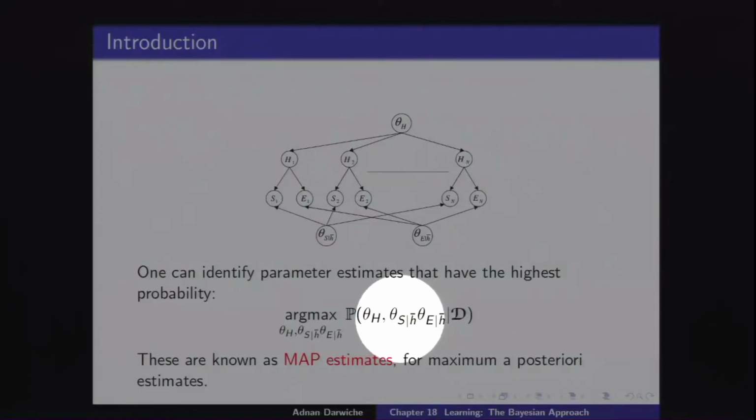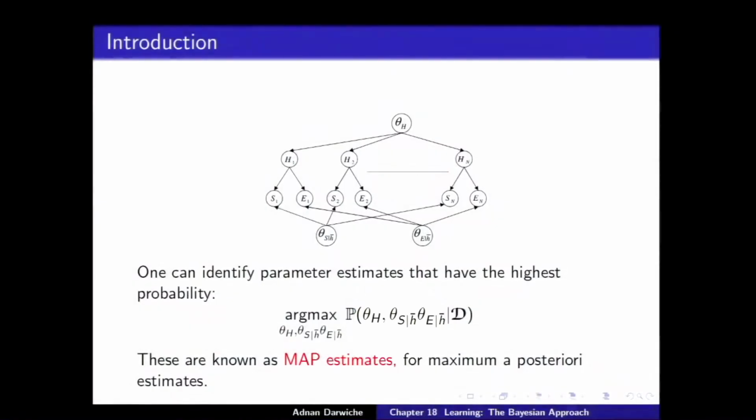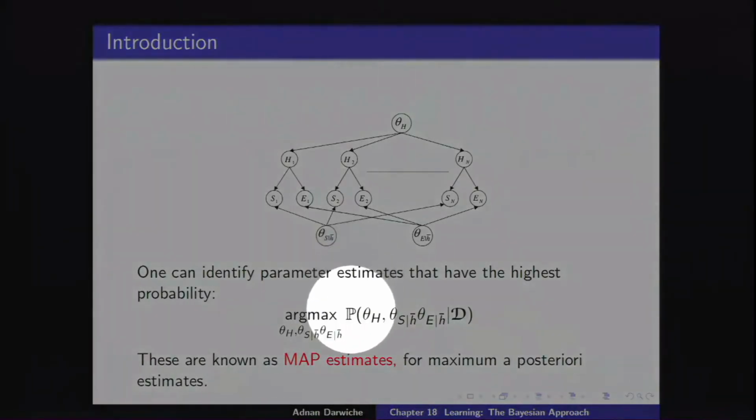Remember the MAP query on Bayesian networks? What was the MAP query? You pick some variables and you say, find me the instantiation of these variables that has the highest probability. You can do this while choosing these as your MAP variables. And if you do this, what are you doing? You're finding the parameters that are most likely given the data set. And those are called MAP estimates, by the way.